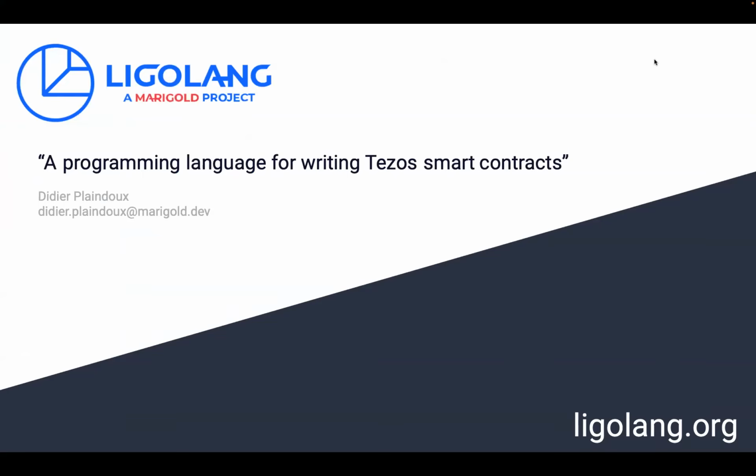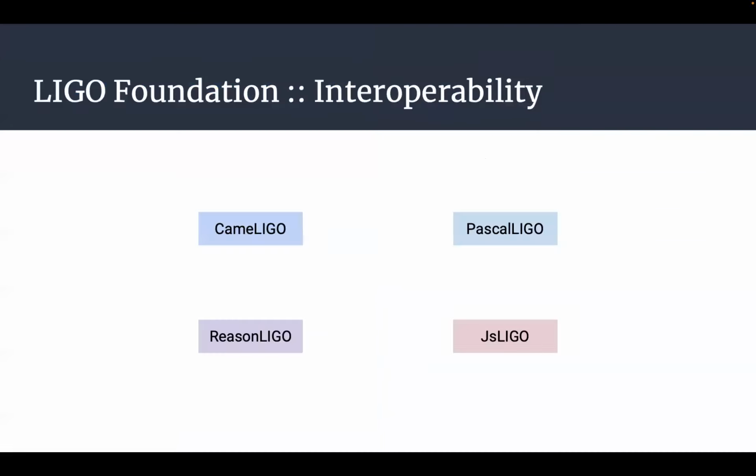Okay, so where do you see the LIGO Foundation? So just to recap. I mentioned that we have 4 syntaxes, which are CameLIGO, PascaLIGO, ReasonLIGO, JsLIGO. I already mentioned that ReasonLIGO should be deprecated soon. We don't know exactly when, but soon.